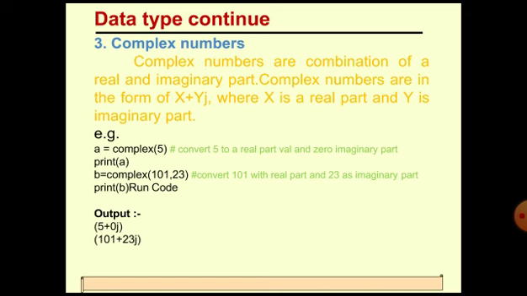For example, a is equal to complex 5 means you are passing 5 to the complex function as an argument. It will treat this 5 as the real part, and the imaginary part will be taken as 0, so it will give the output 5 plus 0j. But if you pass two arguments into the complex function, the first argument will be treated as the real part, and the second argument will be treated as the imaginary part.